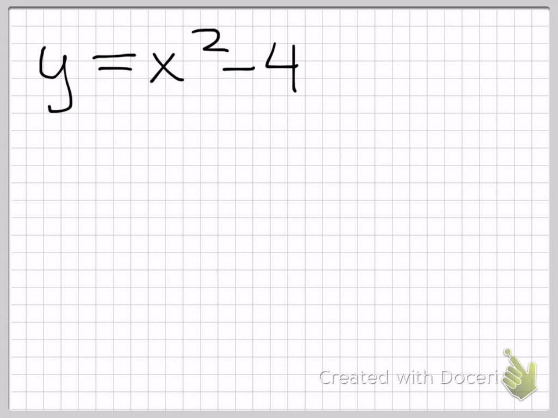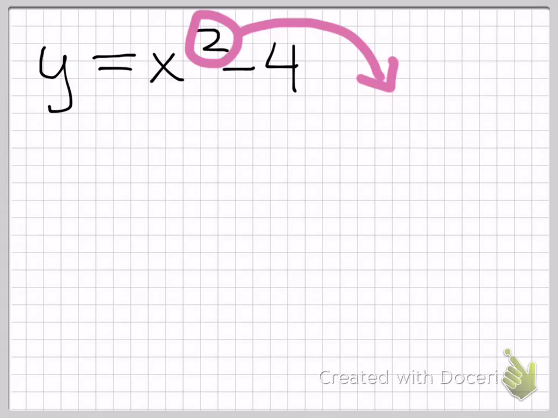This one we also have to determine whether this is linear or not, and if it is, to write it into standard form. The thing that we'll point out here is the squared, this 2 here. Whenever a variable is squared, it's going to be graphed as a curved line.